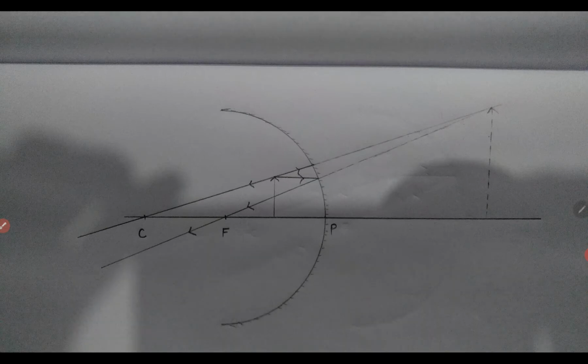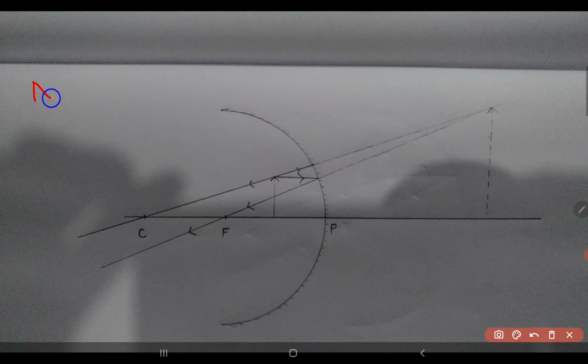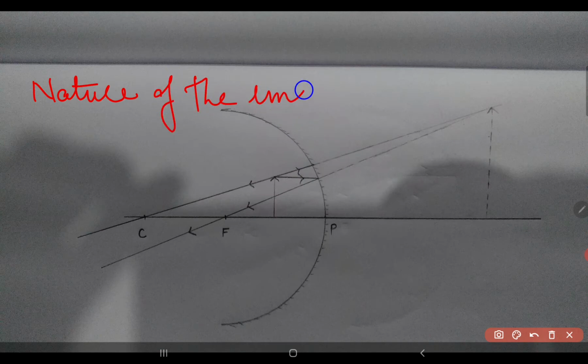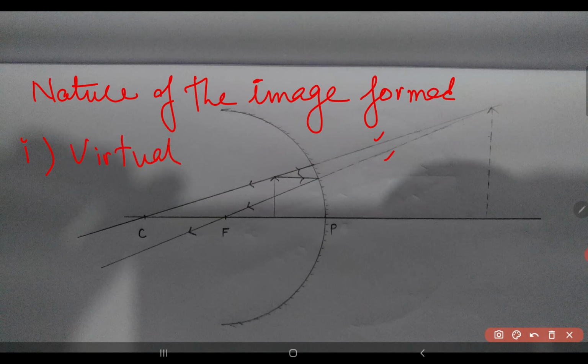So let me discuss the nature of the image formed. Number one, it is not real because we are producing the rays backwards, therefore it should be virtual. Number two, if it is virtual, it should be erect.